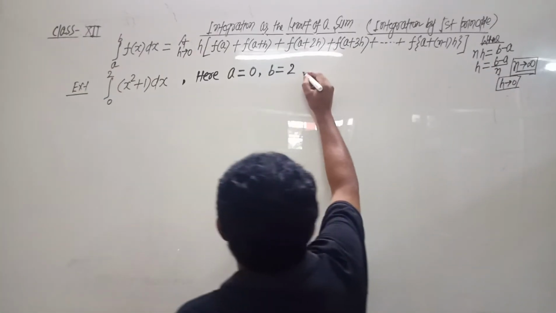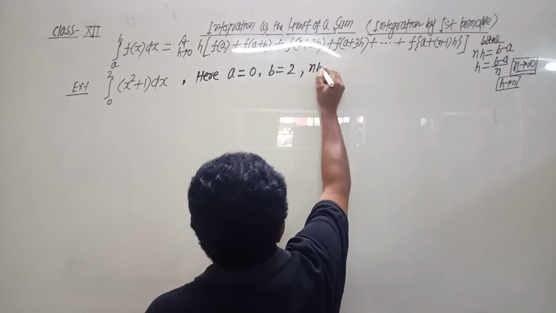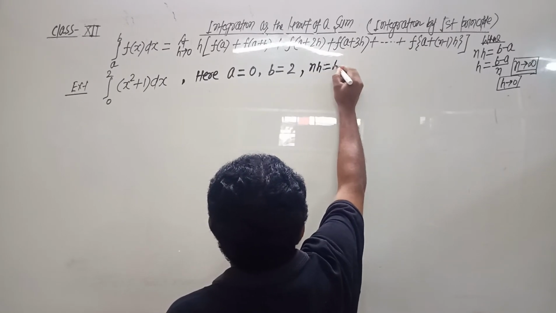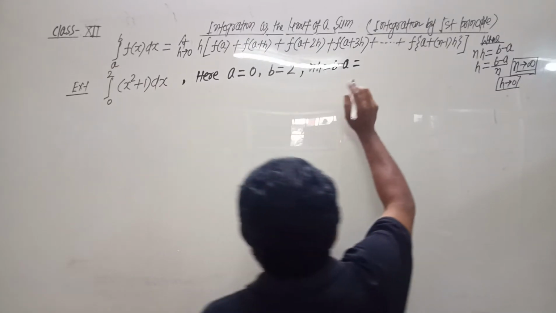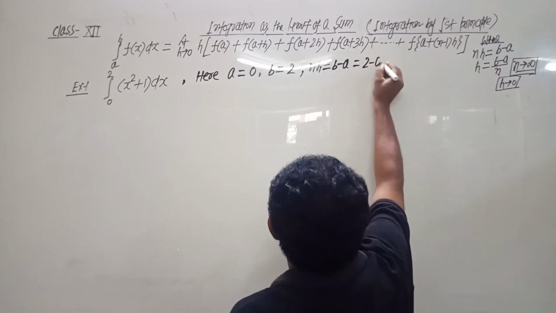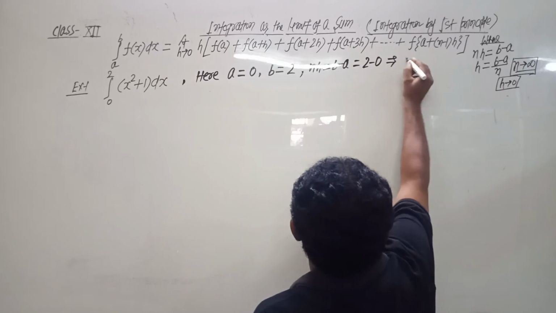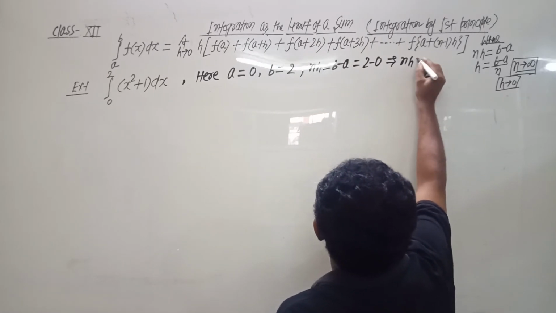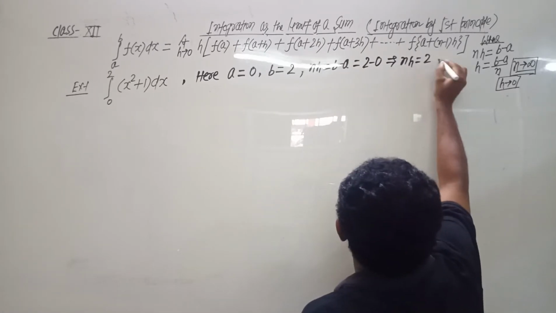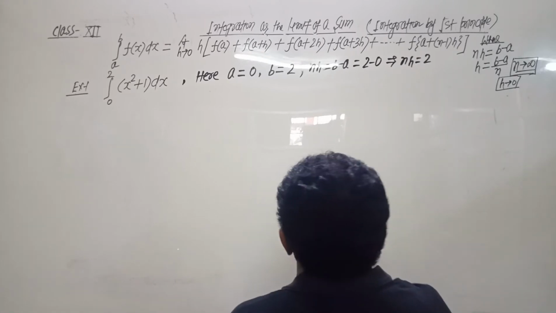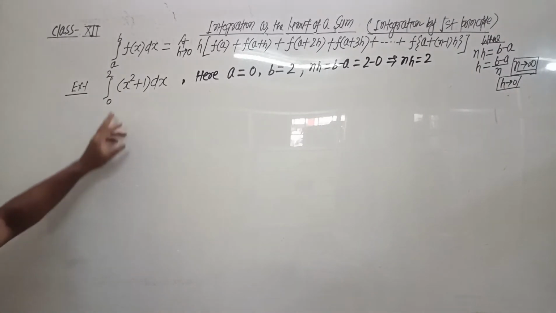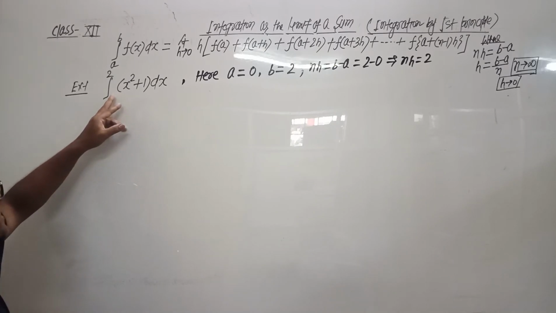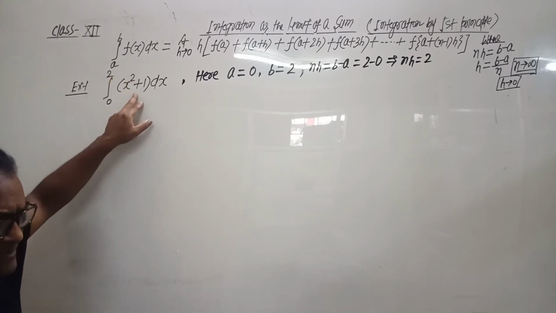The formula for finding nh is b minus a. The value of b is 2 and a is 0, so we get nh equals 2 minus 0, which is 2. nh equals 2.